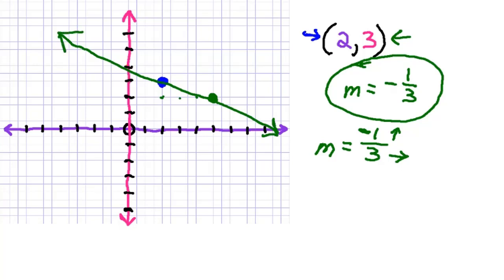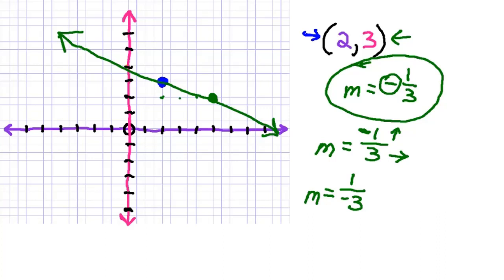Now you might be asking, but Suzanne, how do I know whether to attach the negative sign to the 1 or to the 3? How come you attached it to the 1? How come you didn't attach it to the 3? Well, let's go ahead and try that. Let's try m equals positive 1 over negative 3 and see what happens. And we'll do this in red so we can see the difference.